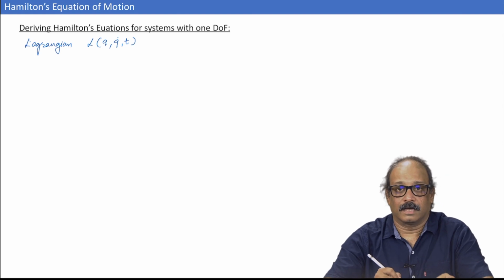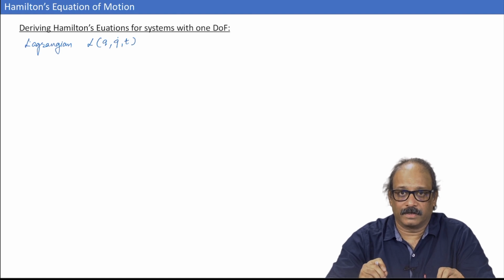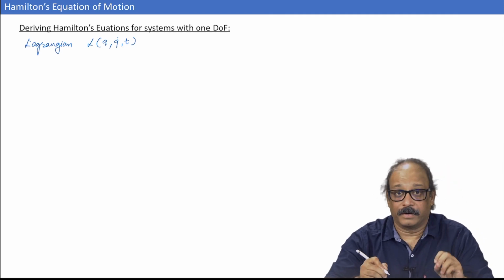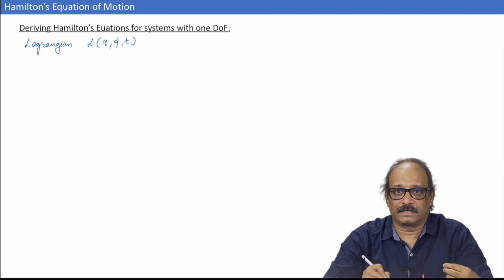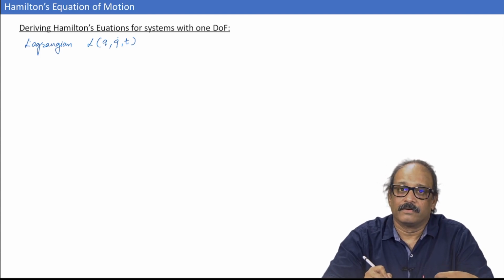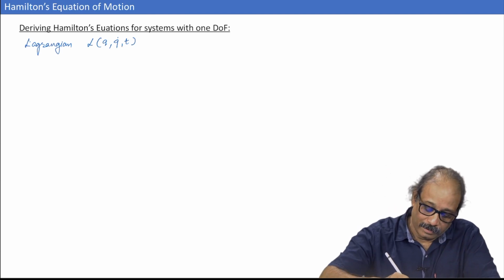Okay. Now, the claim that we are going to make is I construct the Hamiltonian function by taking a Legendre transform of the Lagrangian. But when we are taking that Legendre transform, we do not want to take a Legendre transform with respect to all 3 variables, that is q, q dot and t, but I just want to take a Legendre transform with respect to one variable, that is q dot. Okay.